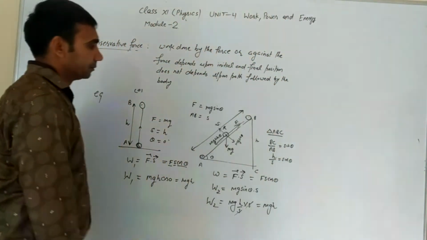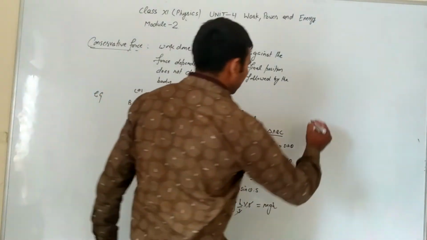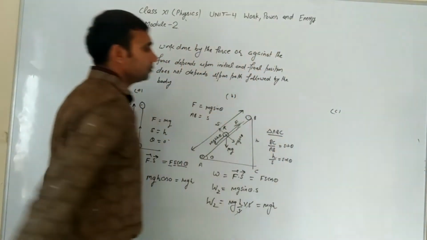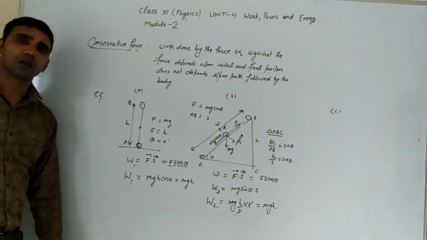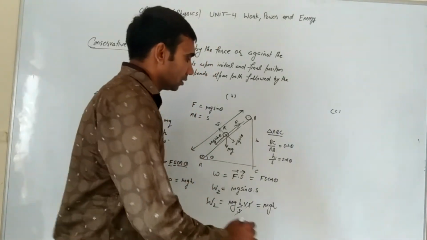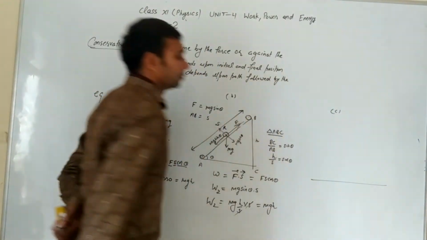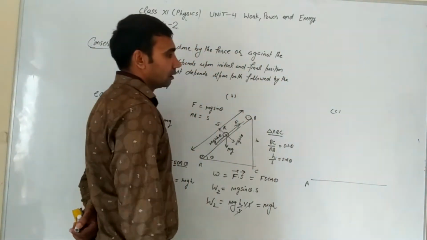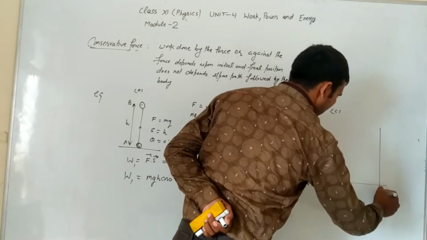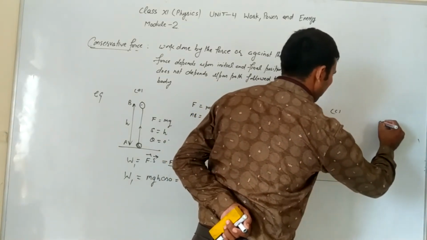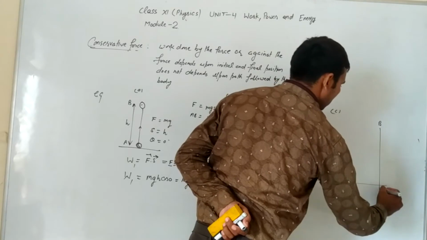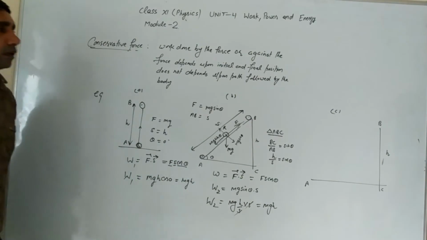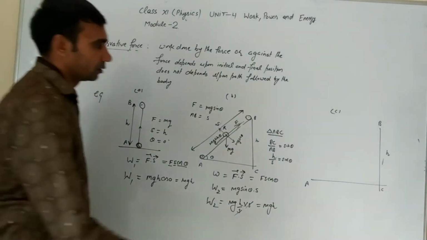If the body moves on the stairs, this is point A, this is the height of the stairs, and this is point C, the height of the stairs, that is h. Now the body moves along the stairs.